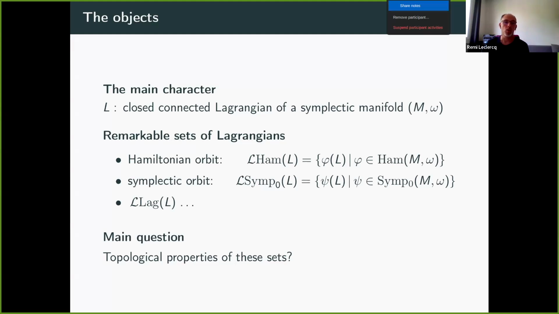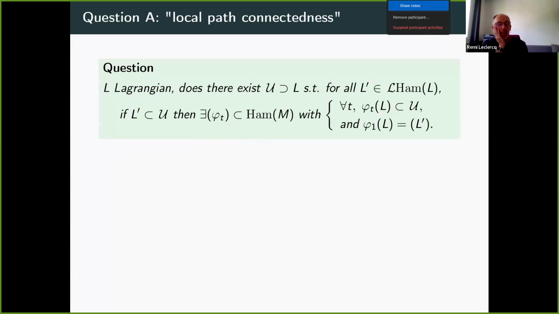Okay, so that's easy enough. The first question would be a question about the existence of neighborhoods of L where you have some path connectedness property. More precisely, L again is a fixed Lagrangian, and we wonder if it admits a neighborhood U such that if you have another Lagrangian L' in the Hamiltonian orbit of L inside the manifold, and L' is included in U completely, then there exists a Hamiltonian isotopy which pushes L to L', and such that the Lagrangian trace stays inside the neighborhood.